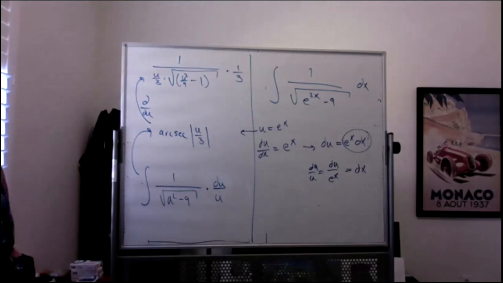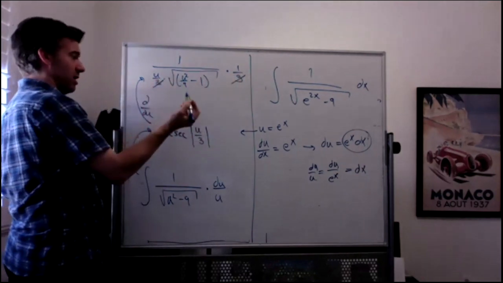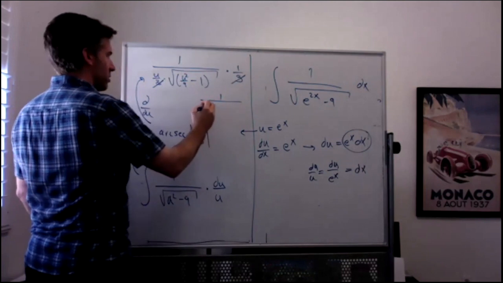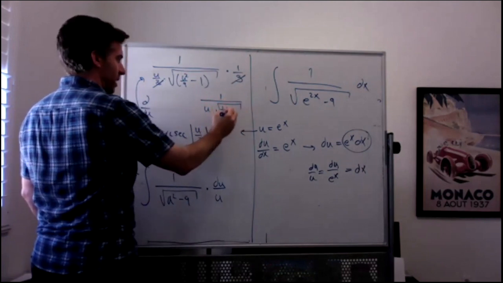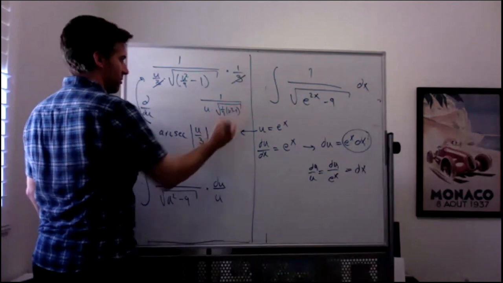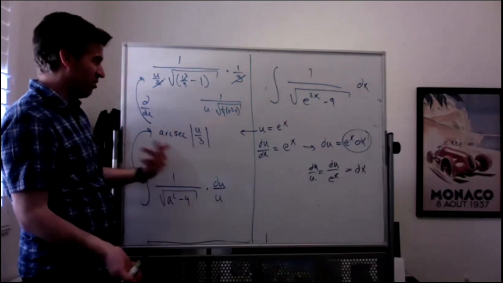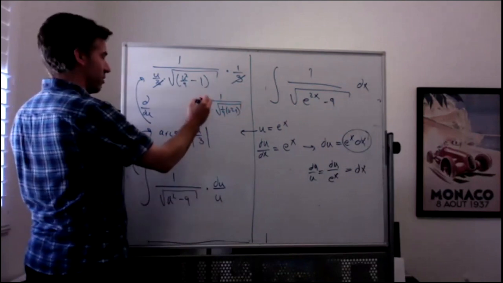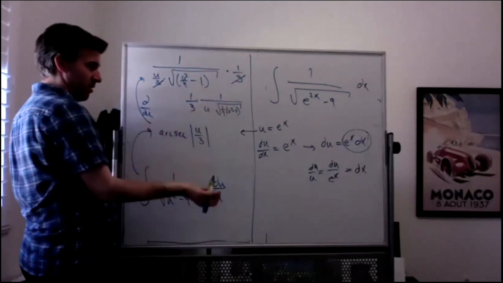And I feel like I'm off by a little bit, right? Because if I cancel the 3 here and this 3 here, which they do cancel, I'm getting 1 over u times the square root of 1/9 times u squared minus 9. But that 1/9 I actually don't want. Square root of 1/9 is 1/3, so I need another 3 in the denominator to cancel out that 1/3 in the denominator.